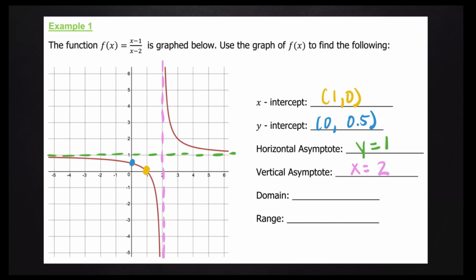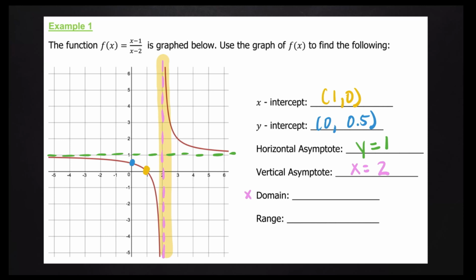When we talk about domain and range, we are talking about x and y values. The domain is x, so we want to know all the possibilities of x that you could have in this graph. There is a restricted value that could not be included in your domain, and that would be right where you have that asymptote.